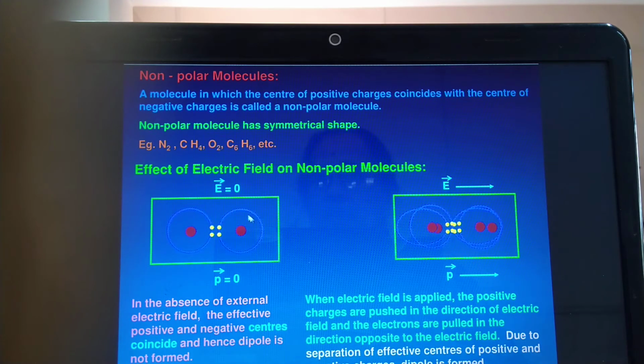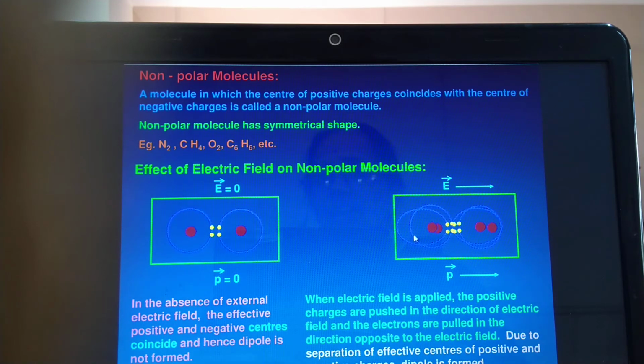In this first diagram I have shown that the electric field is 0. Electric field is 0 means there is an absence of external electric field. If the external electric field is absent, then the effective positive and negative charges already coincide, and hence a dipole moment is not formed. So the dipole moment P will become 0. Why? Because their centers are exactly coincident with each other.